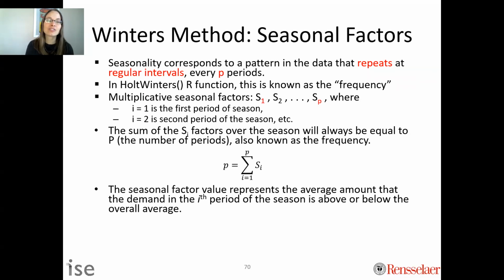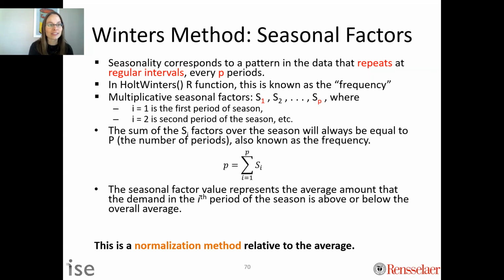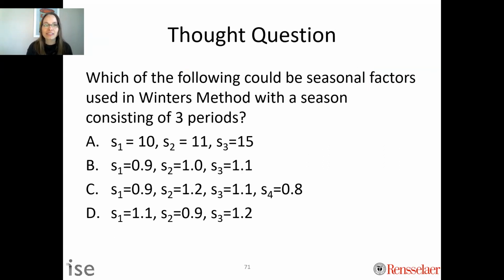If all of your seasonal indexes were 1, you're basically equally weighting what you expect will happen. But if one of them should be higher or lower, it's representing the average amount it would be above or below our deseasonalized idea. So it's really a normalization method relative to the average. If January is a low month, we will have a seasonal value that's smaller, less than 1. If June is a big month, you'll amplify that. Okay, so hopefully that makes sense.